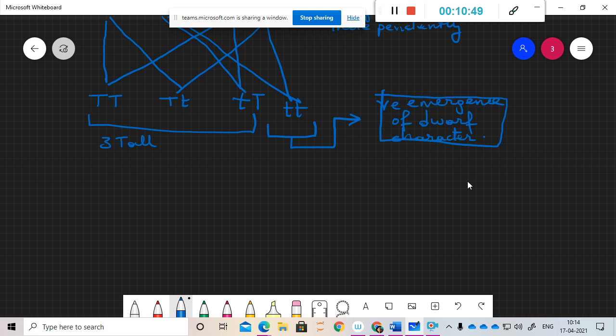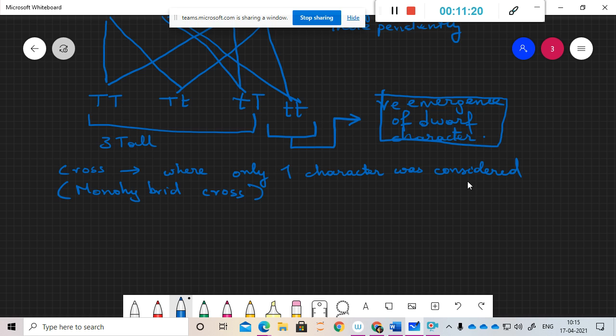And this type of a cross where only one character was considered is known as a monohybrid cross.